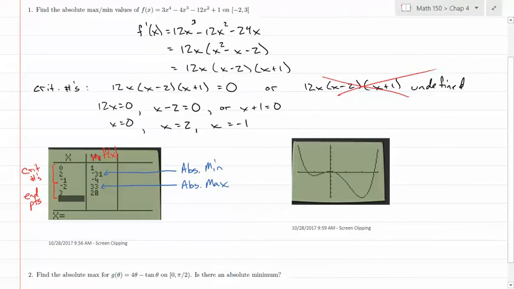Okay, so this is the graph of our function, the function f of x, from negative 2 to 3 on the x-axis, and that's just because that's the interval we were given. And then the absolute minimum value is right here.